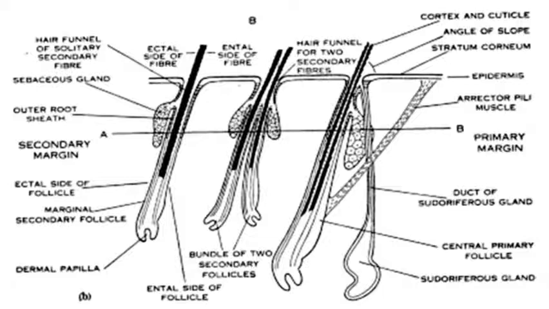In the case of pure wool it will have only cortex and cuticle. At the middle we can see a bundle of 2 secondary follicles which come along the side of the primary follicles, and on the left side we can see a secondary follicle.